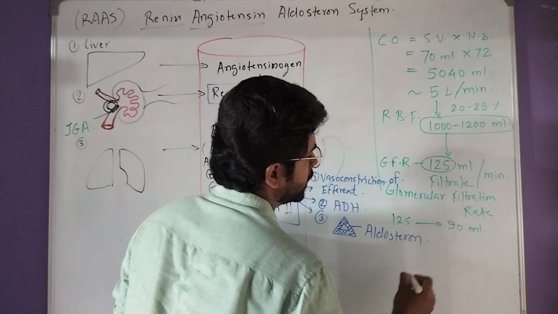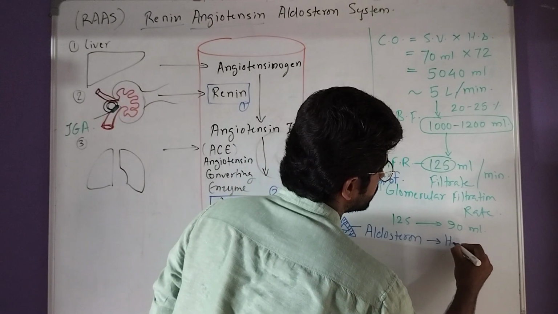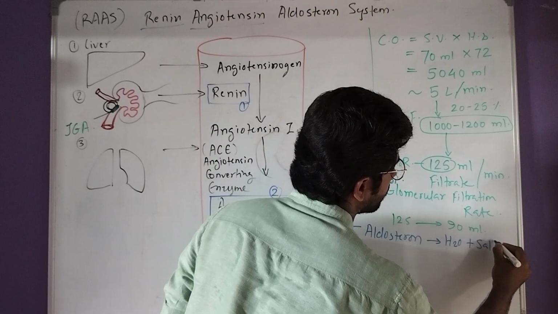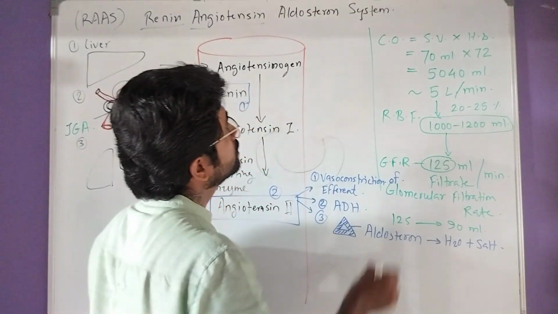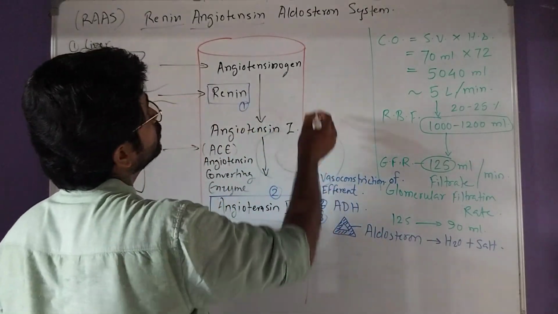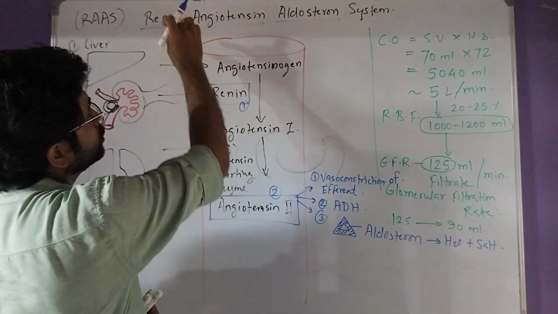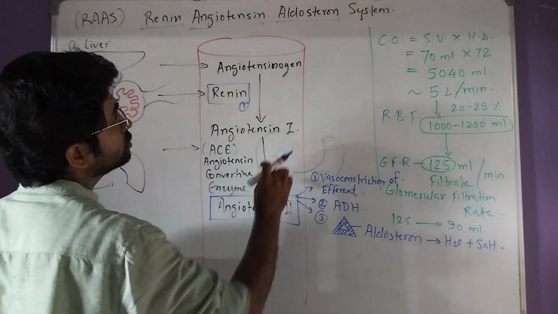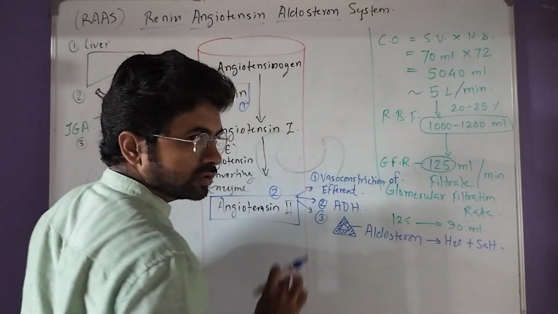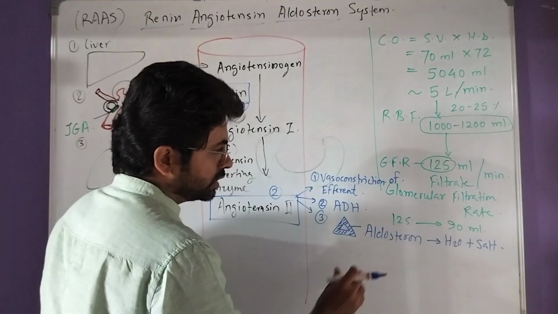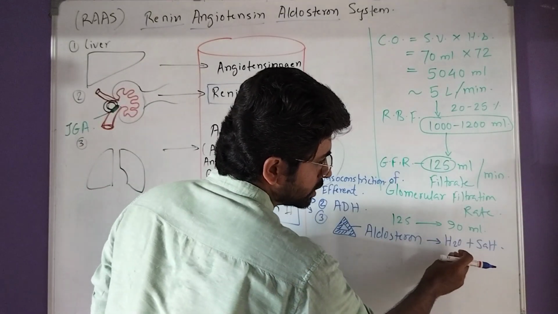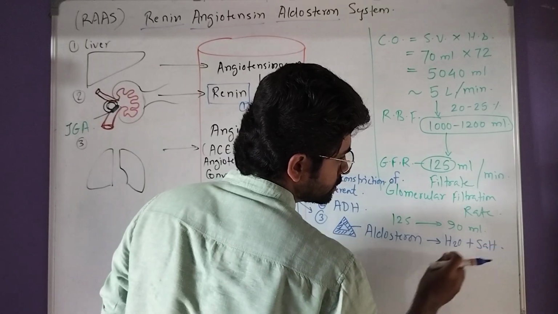Again, aldosterone reabsorbs water and salt. Now we are talking about aldosterone finally. First we talked about renin, then angiotensin, now aldosterone. What does aldosterone do? It reabsorbs H2O plus salt.